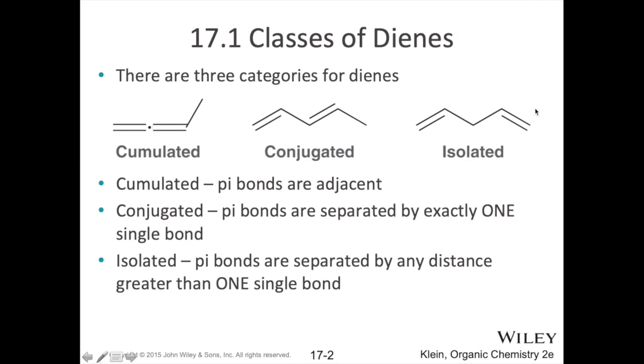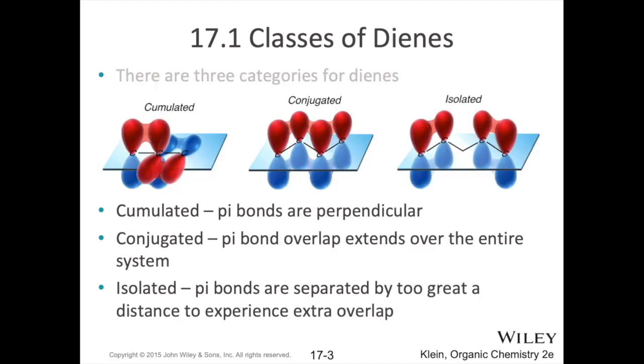In your isolated system, you have sp2 hybridized carbons on the ends, but an sp3 hybridized carbon in between them. In the conjugated system, all of the carbons are sp2 hybridized: sp2, sp2, sp2, sp2. And that's where the interesting stuff arises.